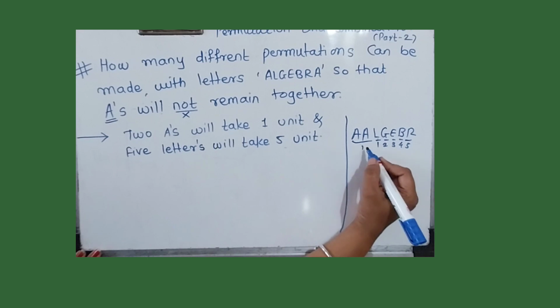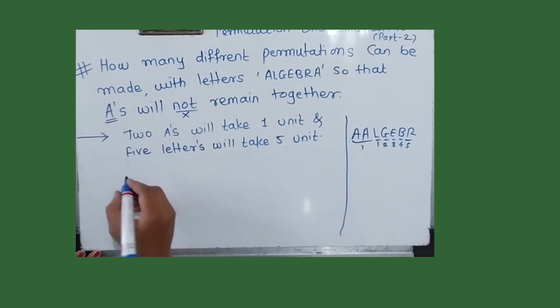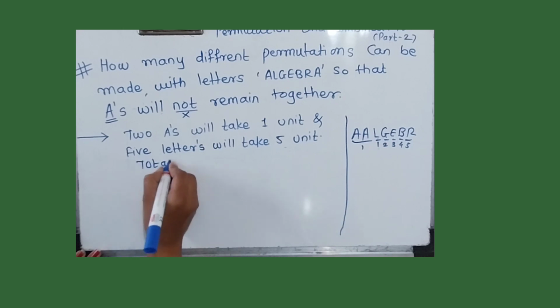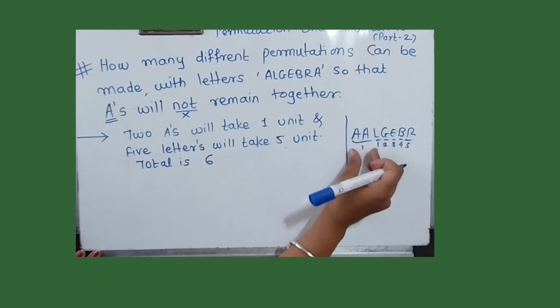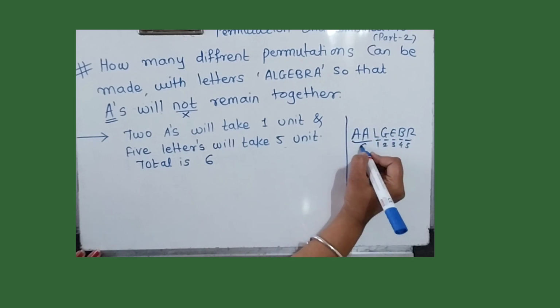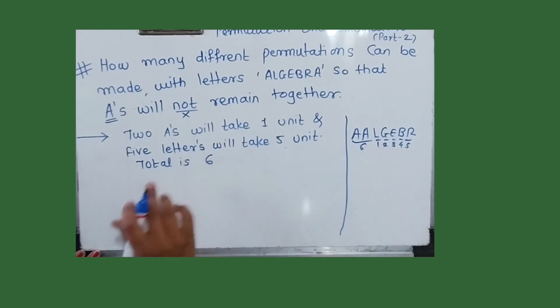Total is what? 6. The bunch is treated as 1, so 1, 2, 3, 4, 5 and 6 units in total.